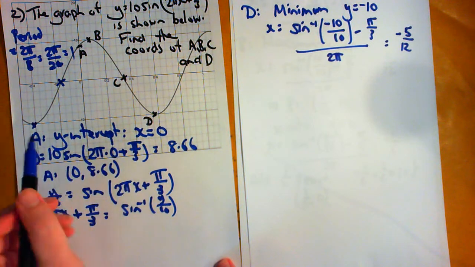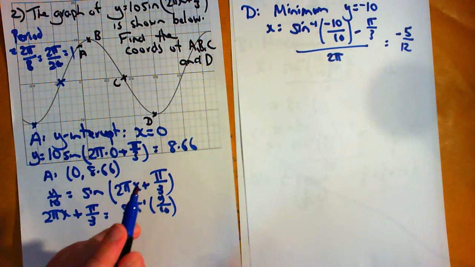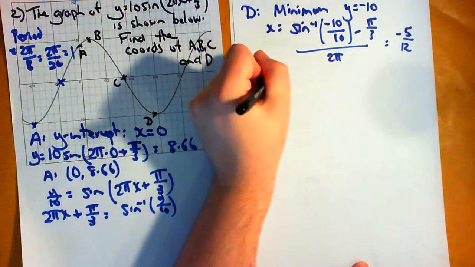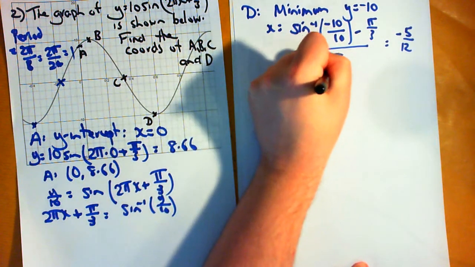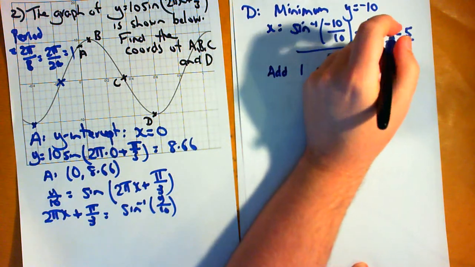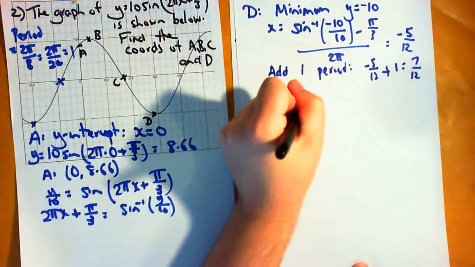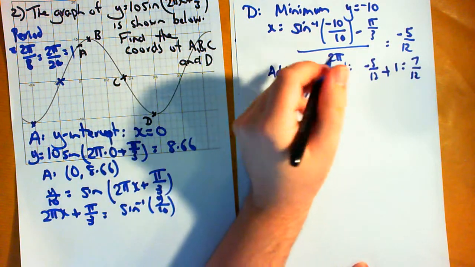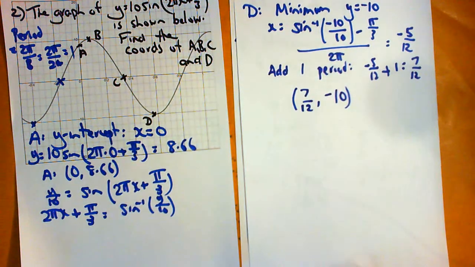We're talking about the minimum, so we need to add a whole period, which is 1. So we get negative 5 over 12 plus 1, which is 7 over 12. So D has coordinates of 7 over 12 as your x coordinate, and y was negative 10.